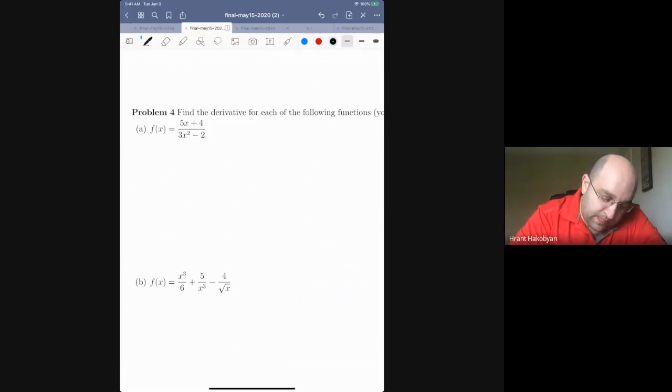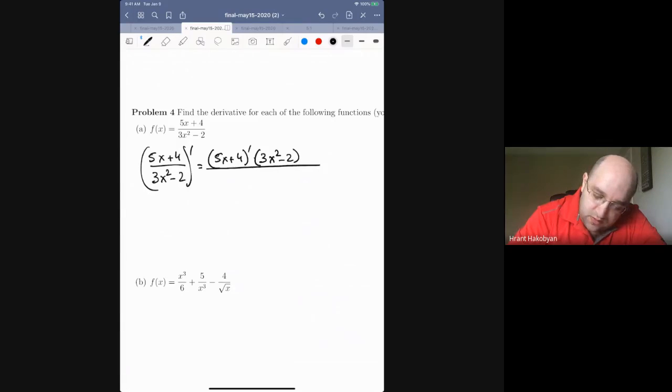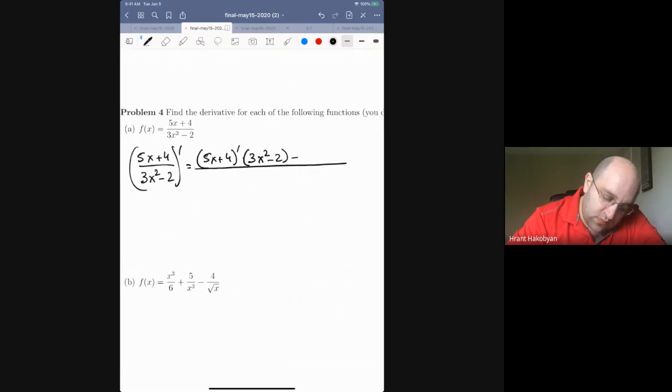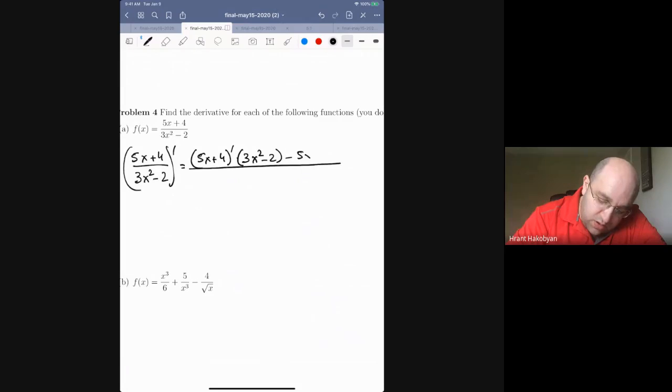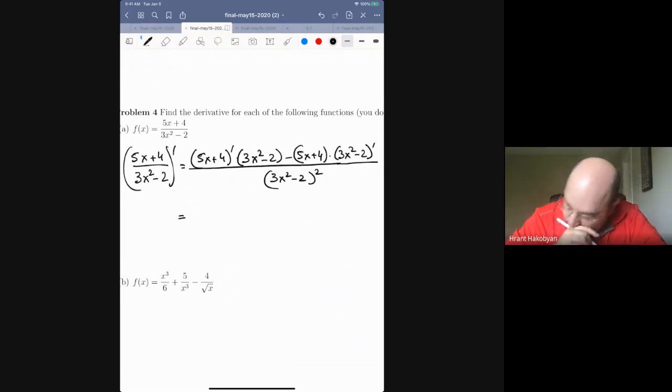So the derivative of (5x plus 4) divided by (3x squared minus 2). That's going to be (5x plus 4) prime times (3x squared minus 2), minus (5x plus 4) times (3x squared minus 2) prime, divided by (3x squared minus 2) squared. Okay, so that's the simple quotient rule.